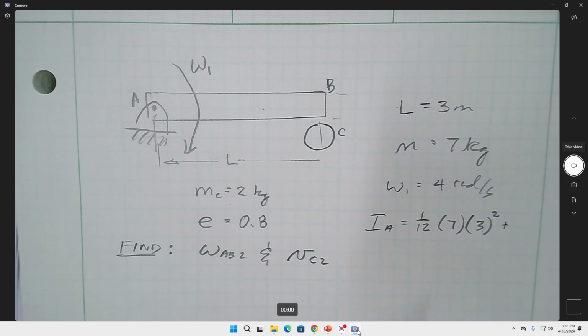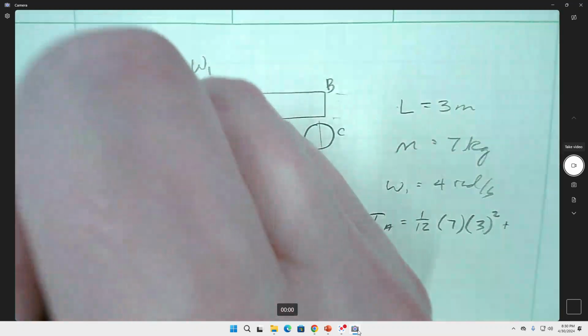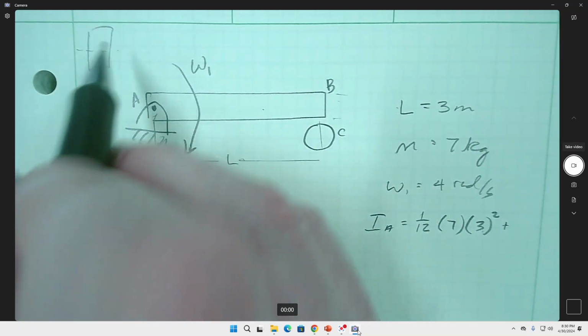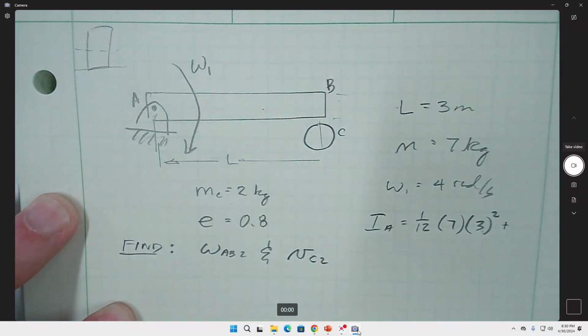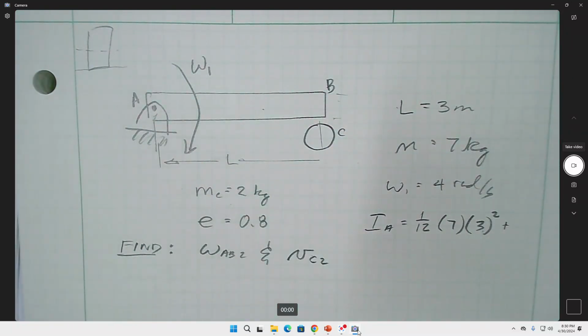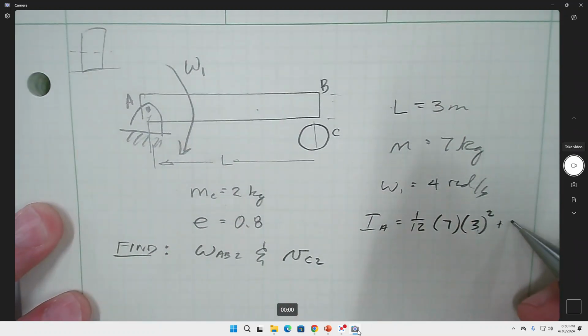For a rectangle, it is BH cubed over 12, but if you do it about the end, it's BH cubed over 3. It's going to be the same thing here, because it's fixed at the end. Cheater. Not cheating. It's just math, right?